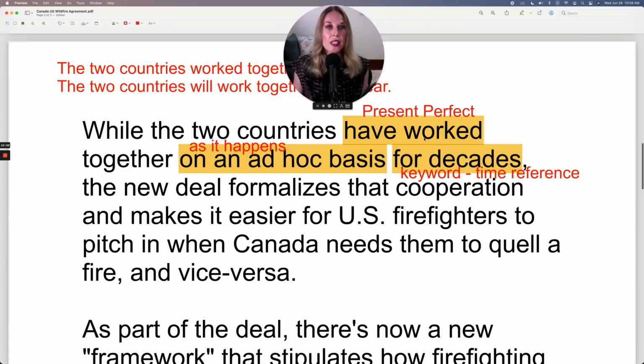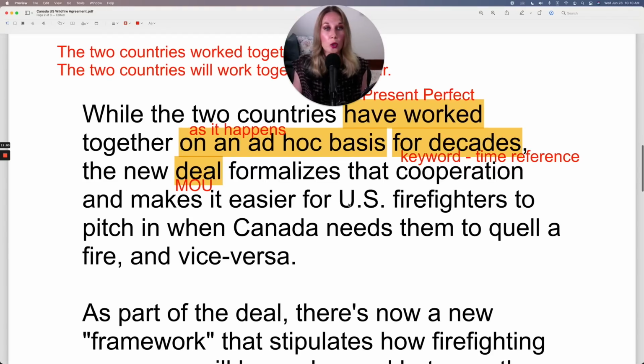While the two countries have worked together on an ad hoc basis for decades, the new deal, which is the Memorandum of Understanding, the MOU, let me write that, the MOU, formalizes that cooperation and makes it easier for U.S.